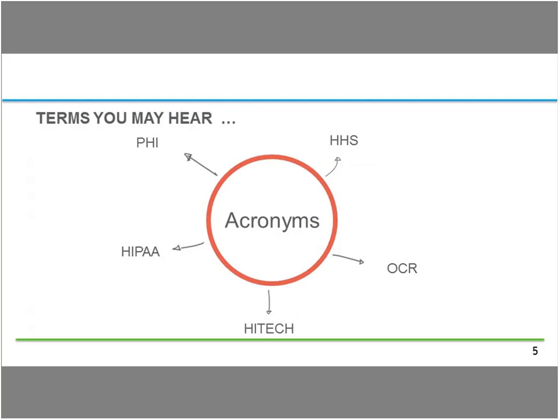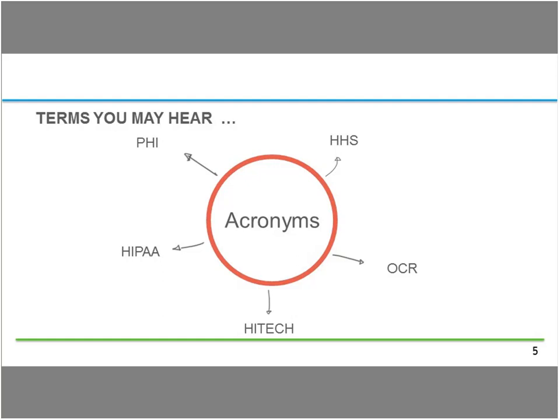Here are some of the terms that you may hear during this presentation. I wanted to give you a little background about each of them. First one is HHS, Health and Human Services. OCR is the agency attached to HHS.